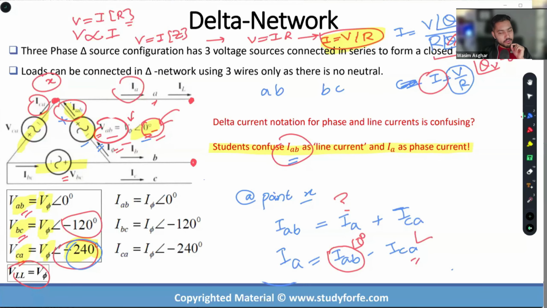And this is one of the main reasons why Delta configuration is so difficult to deal with. So it's important to go through them at least once. And you cannot assume that everything I'm going to be tested on is just going to be very nice, simple, straightforward, walk in the park Y configuration. All right. So minus 240, because of this reason, I can import, right?